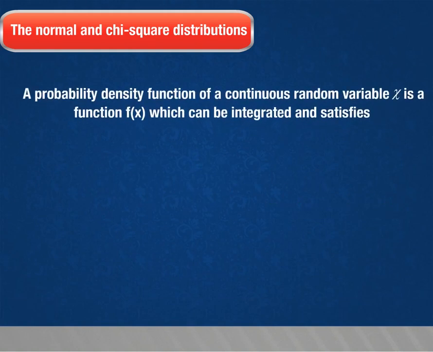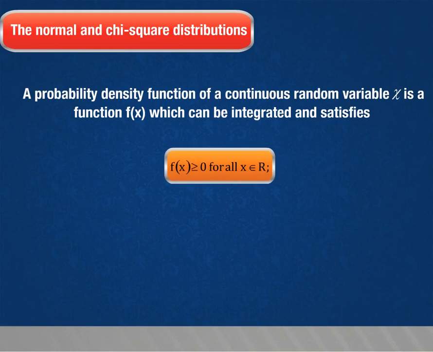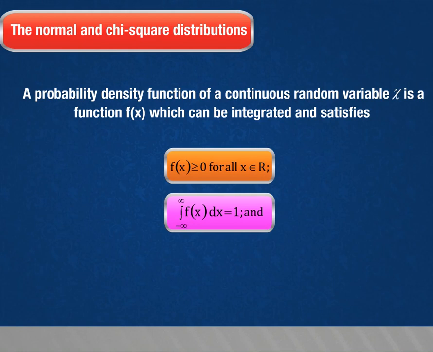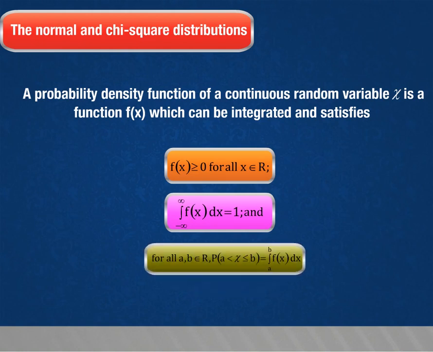A probability density function of a continuous random variable chi is a function f of x which can be integrated and satisfies: f of x is greater than or equal to 0 for all x belongs to R; the integral from minus infinity to plus infinity of f of x dx is equal to 1; and for all a, b belongs to R, P of a less than chi less than or equal to b is equal to the integral from a to b of f of x dx.